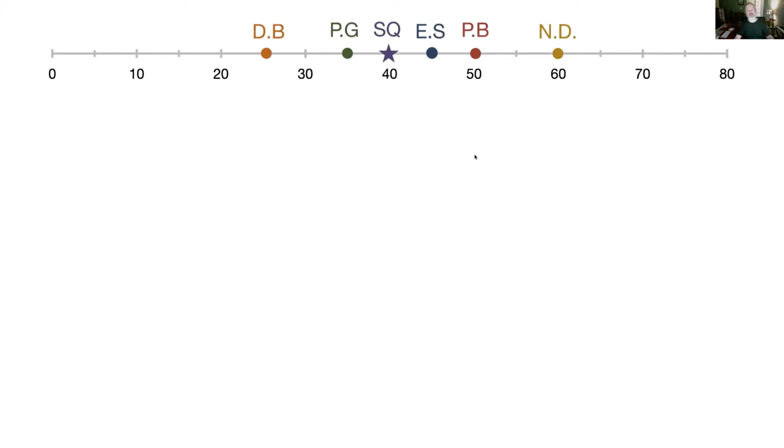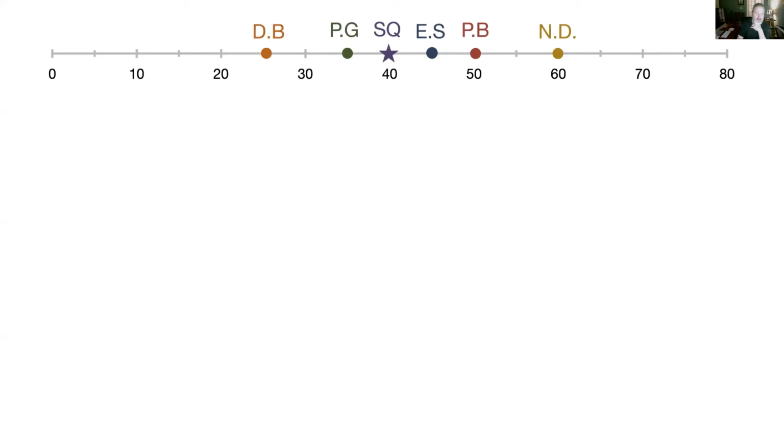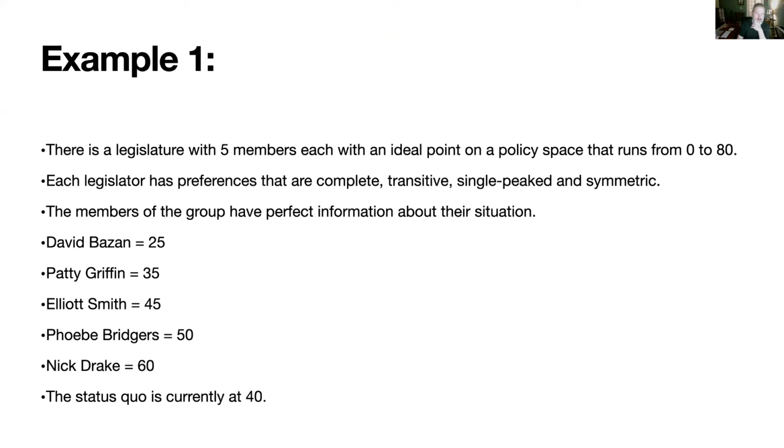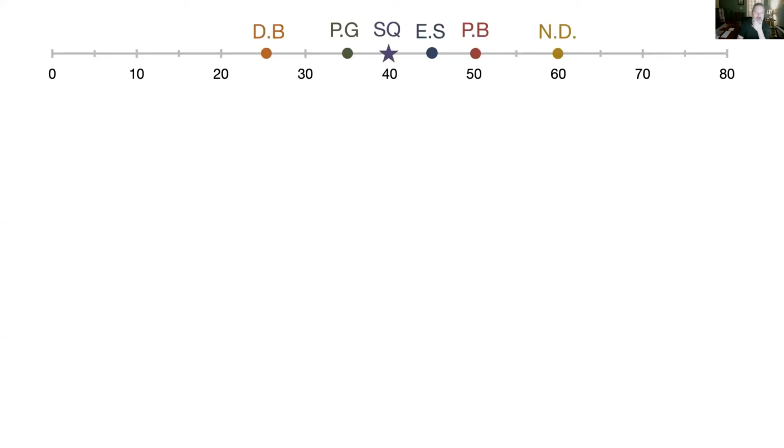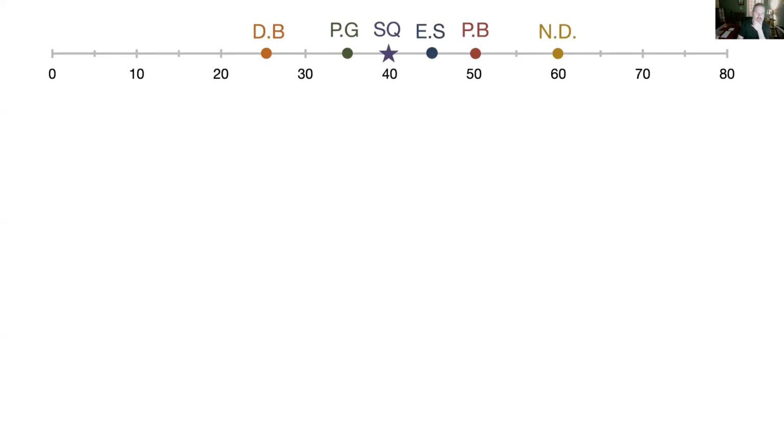Here is the model. So I've put everybody where they go. Hopefully I got that right. David Bazan at 25, Patty Griffin at 35, Elliott Smith at 45, Phoebe Bridgers at 50, and lastly, Nick Drake at 60, and the status quo is at 40, all right?